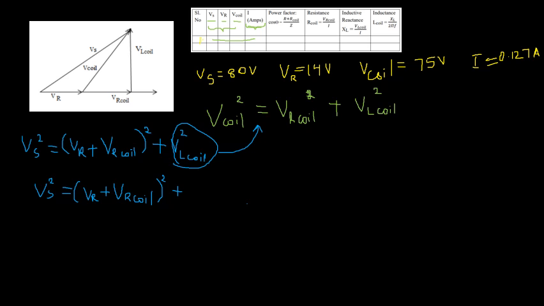I know the value of VL coil square from the previous expression: VL coil square can be written as V coil square minus VR coil square.